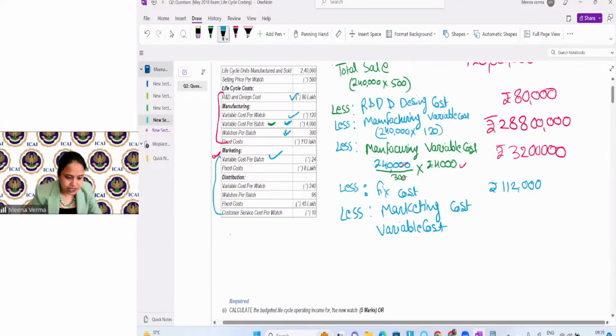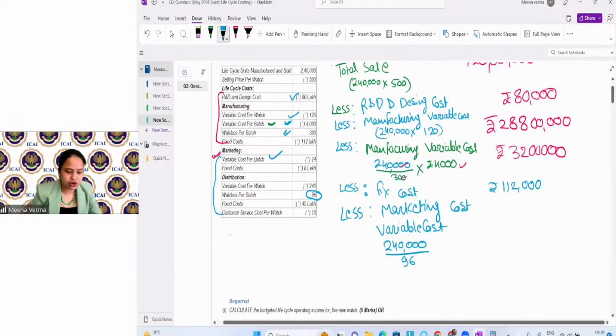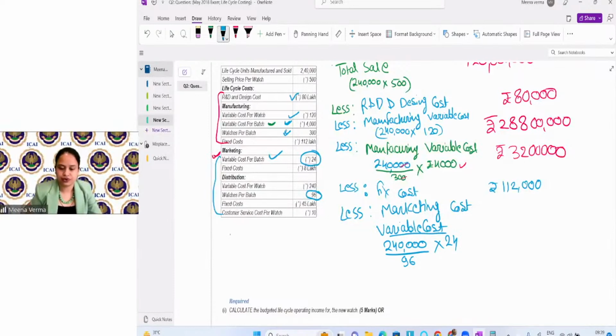In one batch there are 96 watches. The total watches are 240, and in one batch they have 96 watches. So this will give you the number of batches. The cost per batch is 24. You will multiply it by 24 and you will get the variable marketing cost.